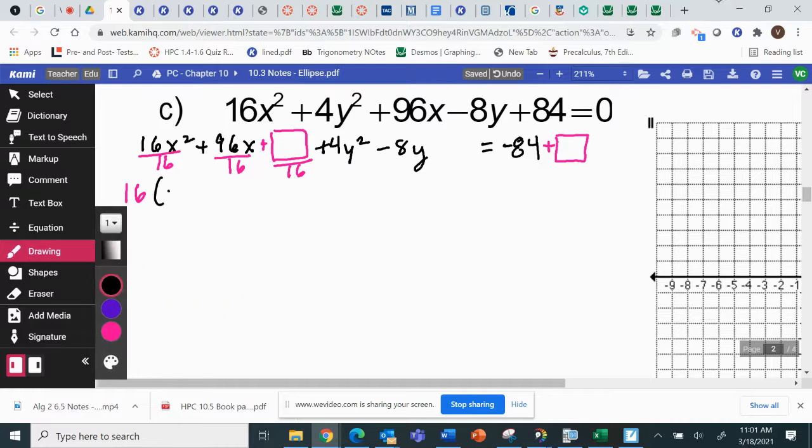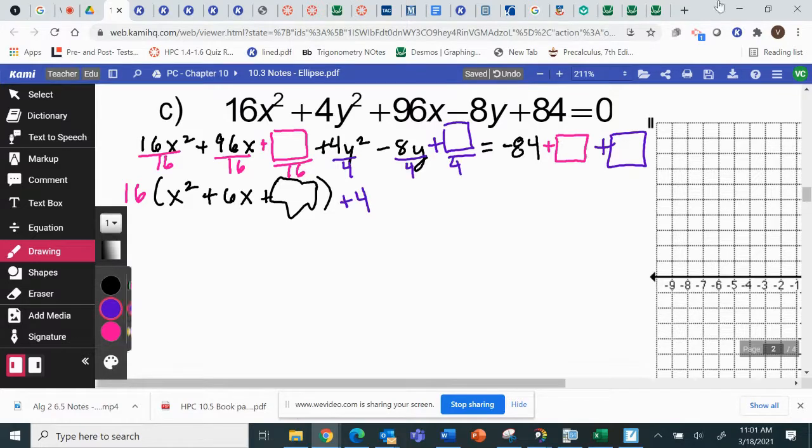So I'm going to have 16 parentheses x squared plus 6x plus fluffy cloud, parenthesis. With the y's, can I go ahead and complete the square or is there an extra step, Lena? What do I need to do? Okay, we're going to factor that 4 out. I forgot to put in a square for my y's. Factor out that 4 and put that in front. I'm left with y squared minus 2y plus my fluffy cloud.